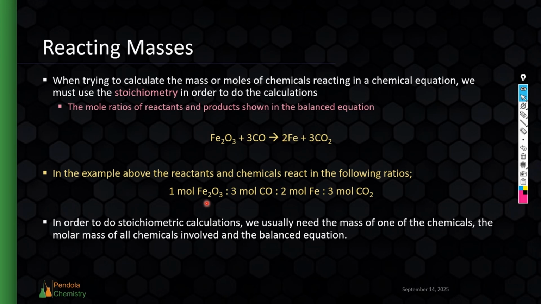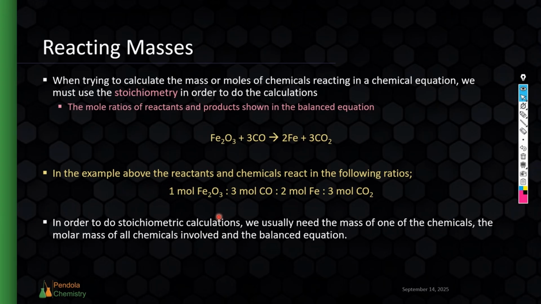So we have a 1 mole of iron(III) oxide to 3 moles of CO to 2 moles of iron to 3 moles of CO2. We can use this ratio to convert from moles of one compound to moles of a different compound, or element in this case. So we have to be able to think of those numbers and how we can use them.